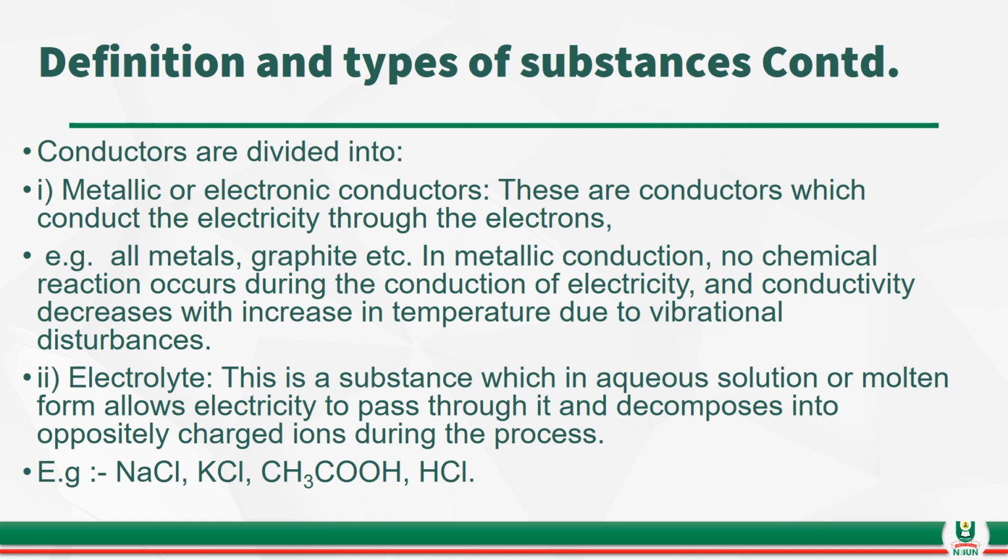Other examples of electrolytes are organic acids like ethanoic acid, methanoic acid, and dilute acids like dilute hydrochloric acid, dilute tetraoxosulfuric acid, among others.